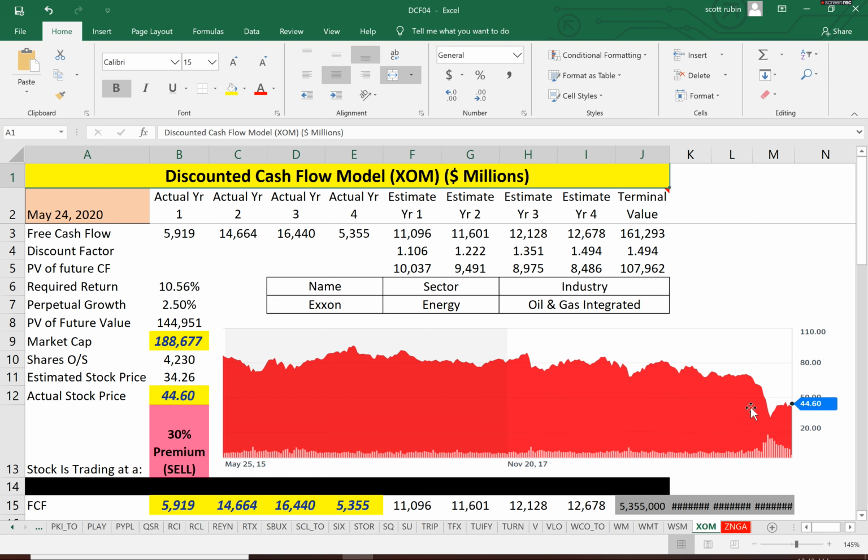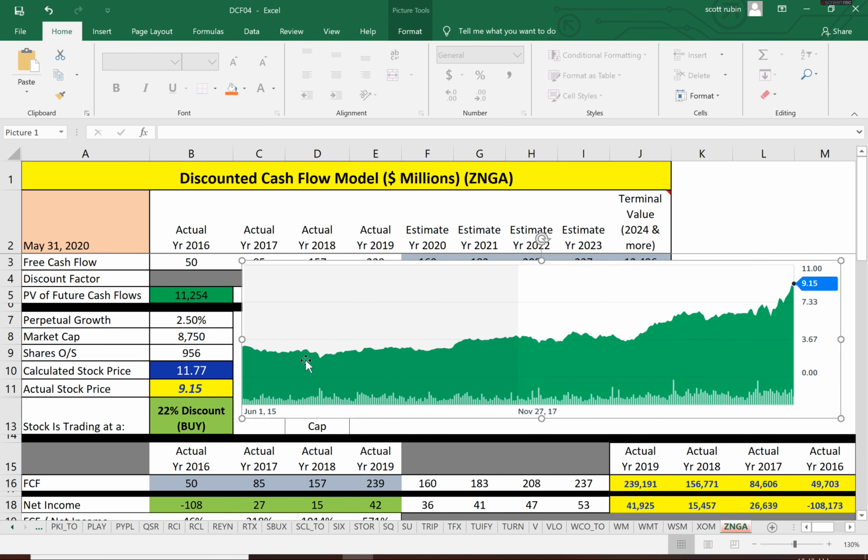It's been high, high, high, big drop. Then it comes up a little bit. This is opposite kind of. It's low, low, low, low, and it keeps going up. So this indicates a good sign for a company that they're increasing during this time and not decreasing. So it's a good sign, but who knows what the future will hold.